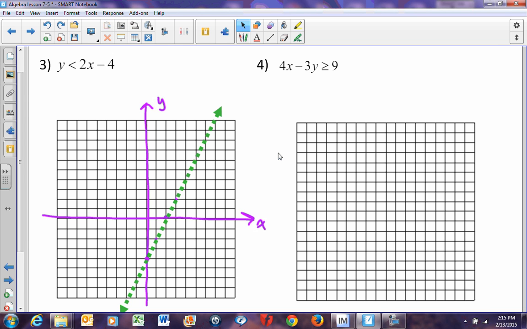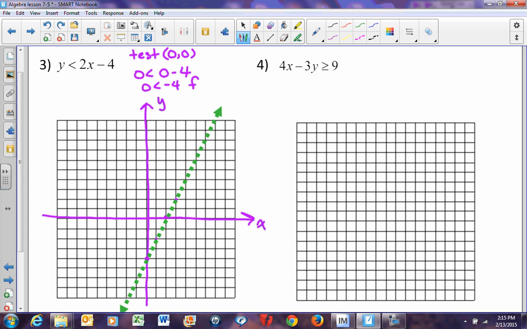There's my line. Now I need to test. I can test 0, 0. So I have 0 is less than 0 minus 4. 0 is not less than negative 4. That's a false statement. So I'm not going to shade where 0 is. So I'm going to shade where 0 is not.